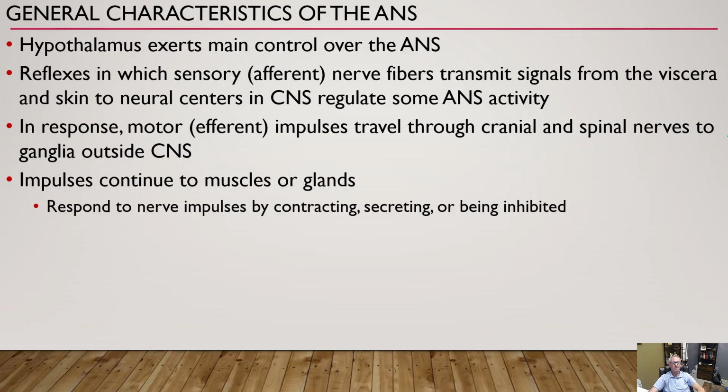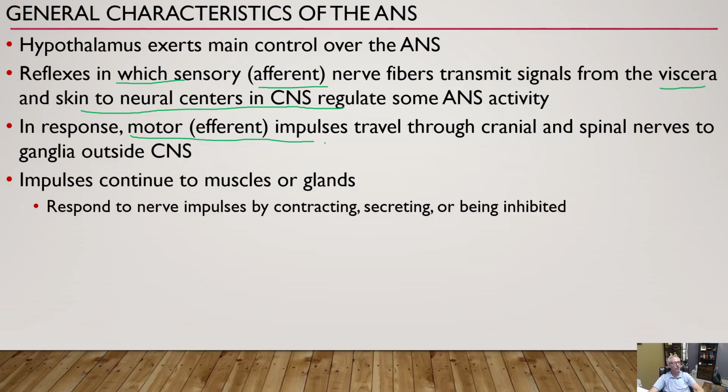All right, some general characteristics. Remember that the hypothalamus exerts control over the autonomic nervous system, all of our negative feedback loops. Remember that we have those reflexes. Your afferent fibers transmit from the internal organs to the central nervous system.